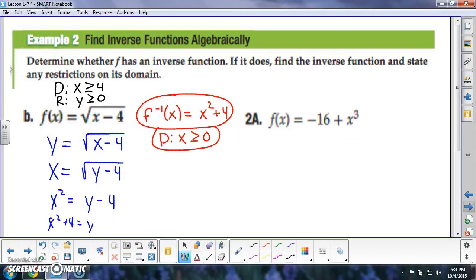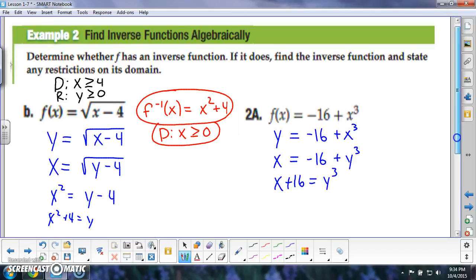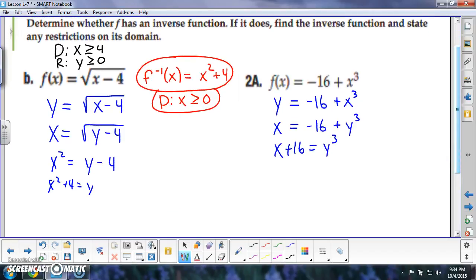All right, 2a. This would pass the horizontal line test if you were to graph it, so our first step is to get rid of the f of x notation, interchange the x and the y. Now solve for y. So I add 16 to both sides. Now I got to get rid of that cube on the y, so I have to cube root both sides.